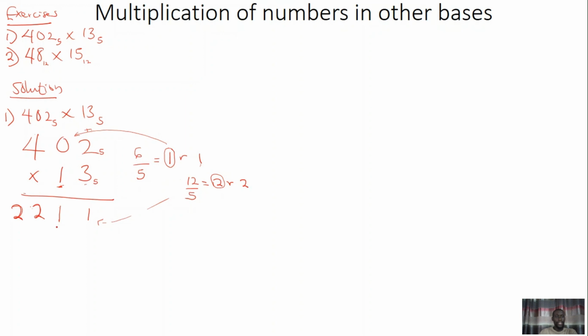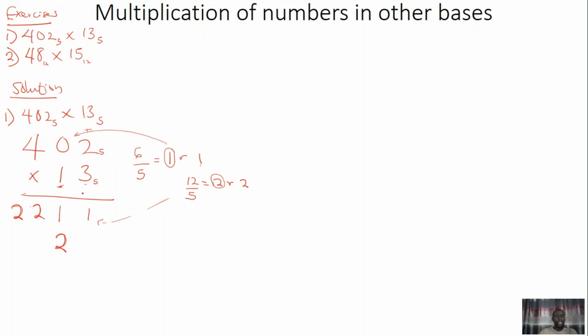We are going to write 2. And take note that the 2 that I'm writing will be directly below the current digit that we are using of the lower number. So that is why I write it here. Take note that I don't write it here.